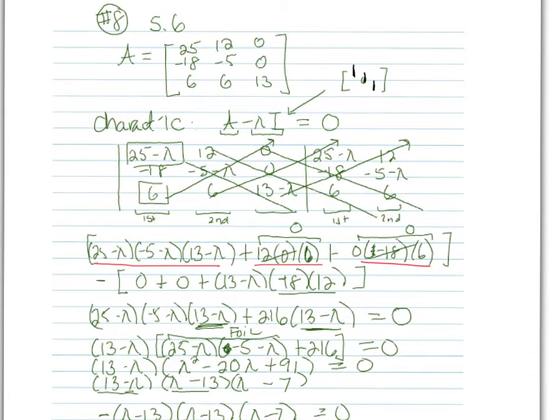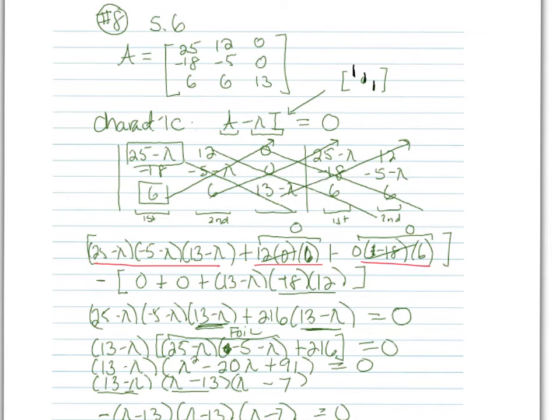And we have 6, we have negative 5 minus lambda times 0. So we have this times this times this, and this times this. But notice that there's a 0 here, and anything times 0 is 0, so I just put the 0 there.